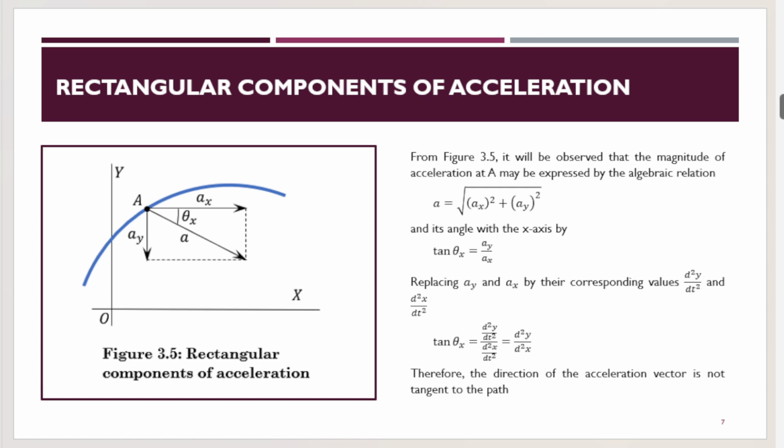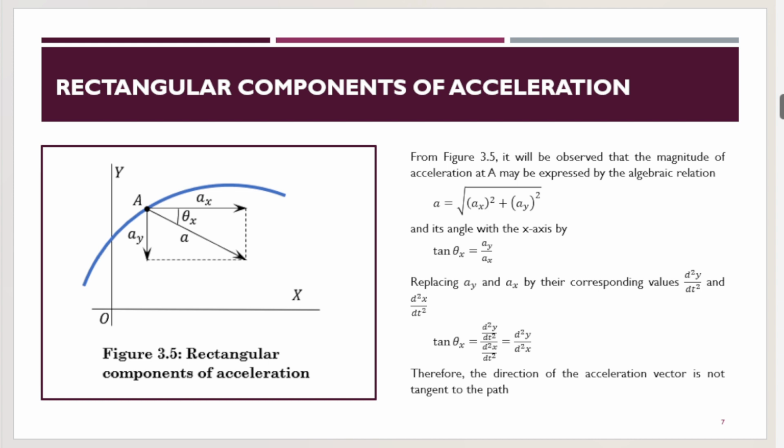Acceleration a is the square root of the sum of the squares of the component accelerations: a sub x squared plus a sub y squared, all under the square root. Then we have tangent theta x. Earlier it was theta y, but this time theta x is a sub y over a sub x, which is the angle with respect to the x-axis.